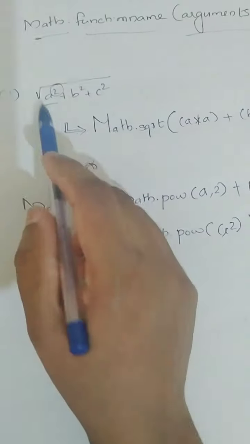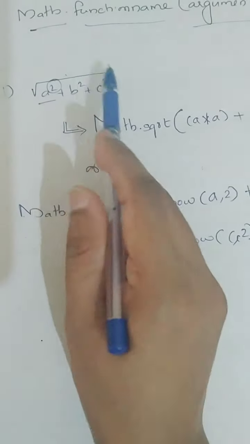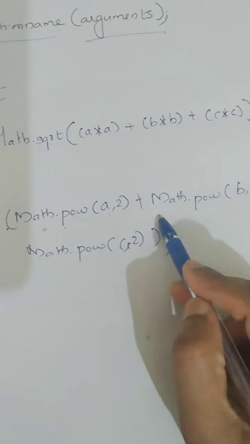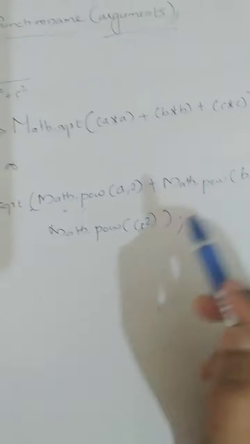Math.sqrt is for the whole square root, and everything is inside the square root. So Math.pow(a, 2) + Math.pow(b, 2) + Math.pow(c, 2). Any method.